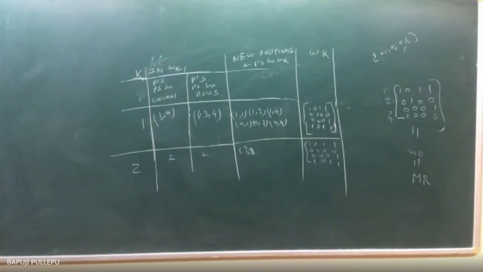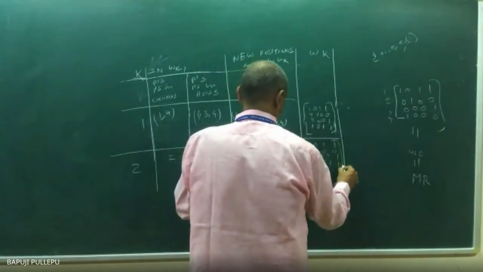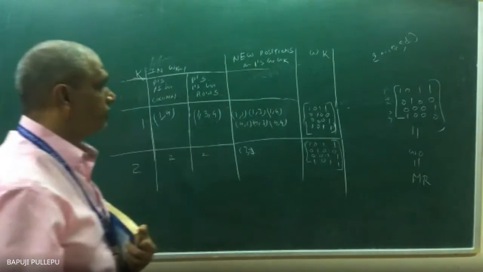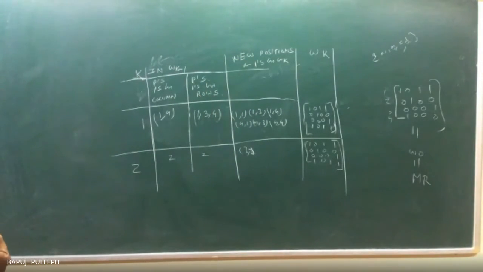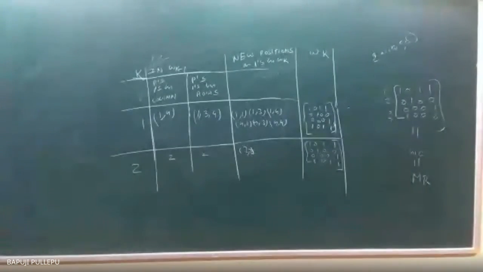Now come on. Now you can see the third row, third column. Then in the third row, where is the 1? What element shows 1?